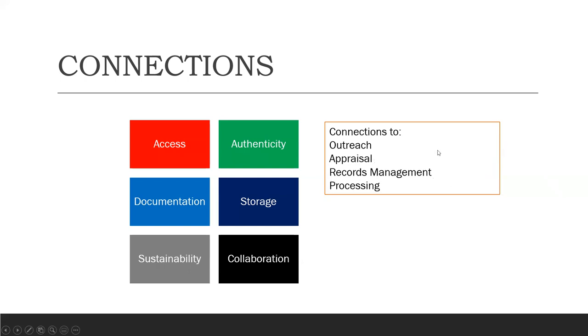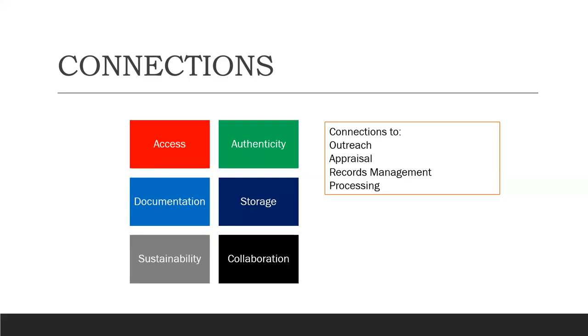Records management, I don't see a ton of connections between that and file formats. Processing, I guess you can list which file formats your records are in on a find aid. So, that might be helpful information for researchers.